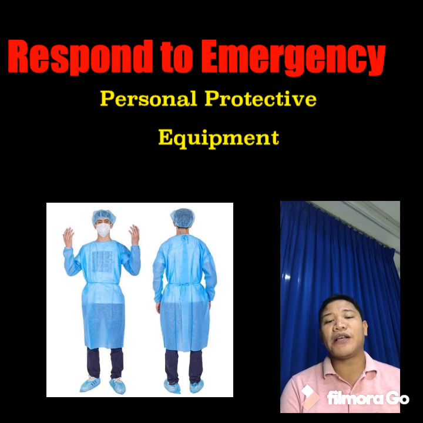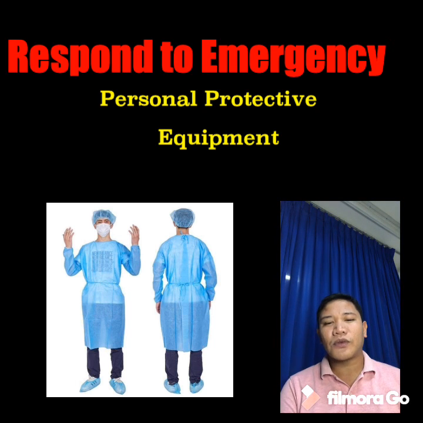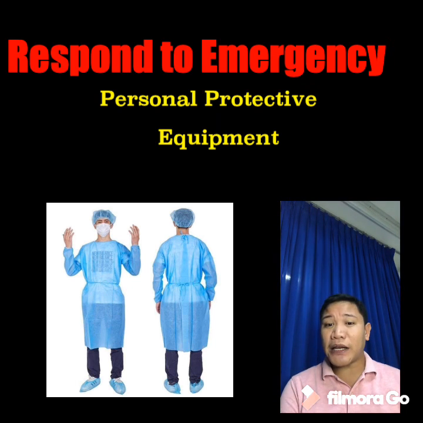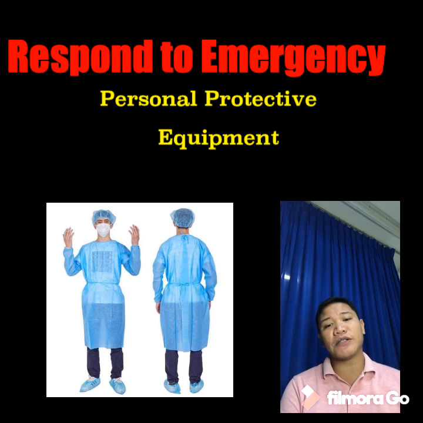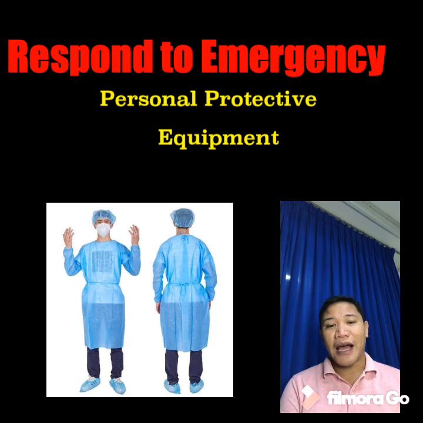If you have contact with the patient, for example transferring the patient from the bed to a wheelchair, because there is direct contact with the patient, you need to always use a gown.